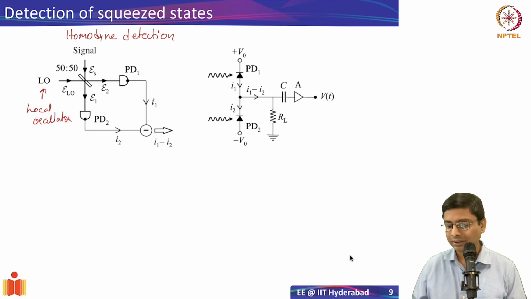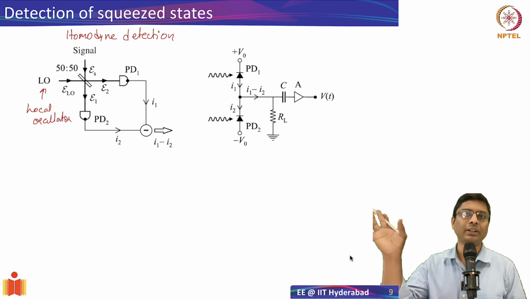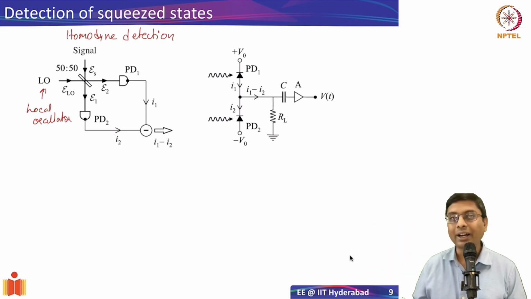Okay. And you pass it through a beam splitter, put it on two different photodetectors, and then combine them both and then integrate it and measure the difference in the currents. So whatever shot noise you have, that sort of reflects in the photocurrent. We have seen that shot noise current fluctuations are effectively equal to the average current, right? And there are some additional terms. Now the idea is, how will you implement it?